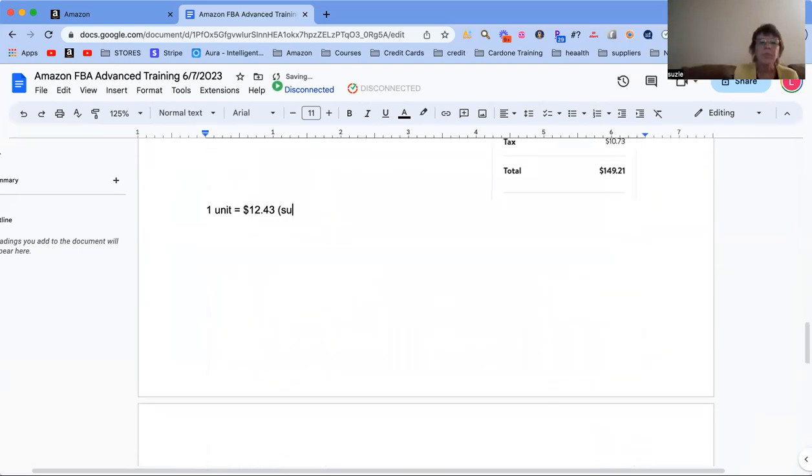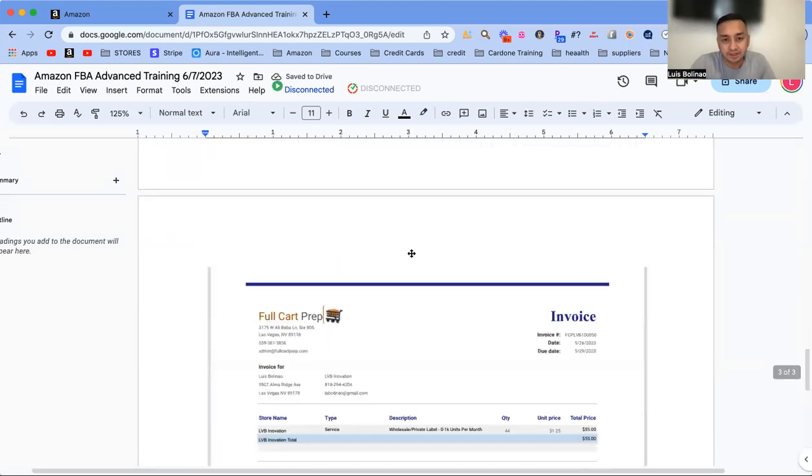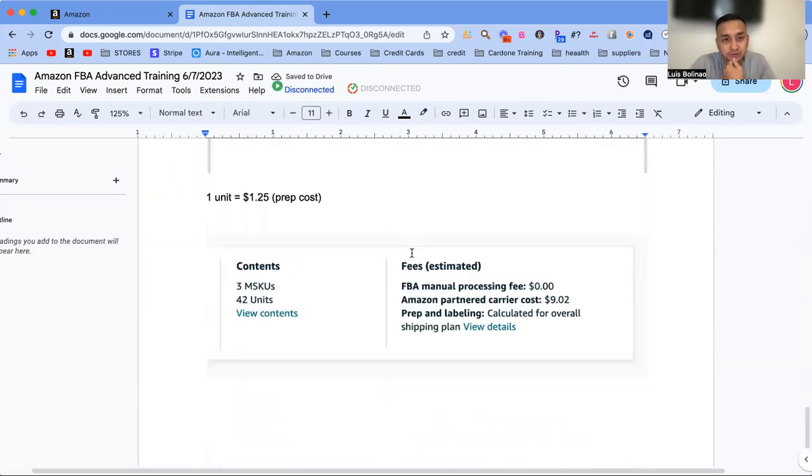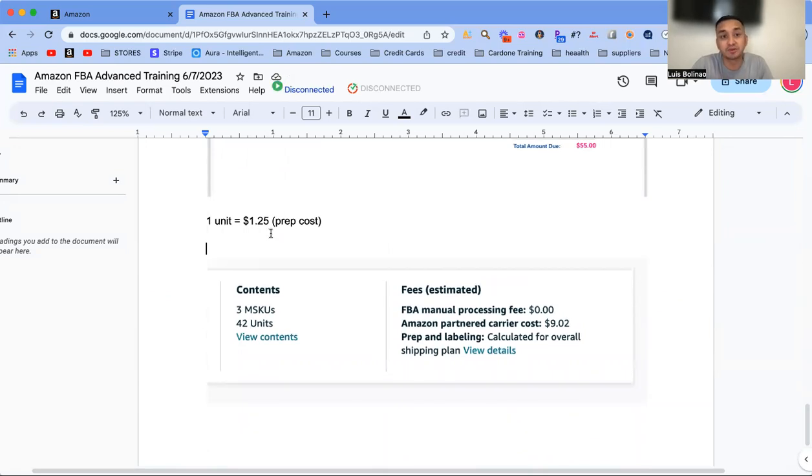So this one is your supplier cost. And then the last part would be your Amazon shipping fee and Amazon fees, right? Well, your Amazon fees are going to be on your spreadsheet from your sales. Remember on your sales?